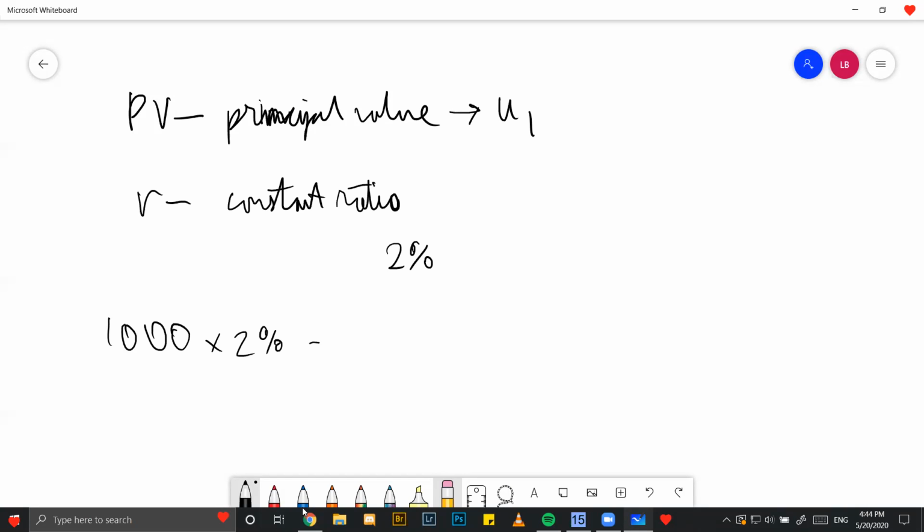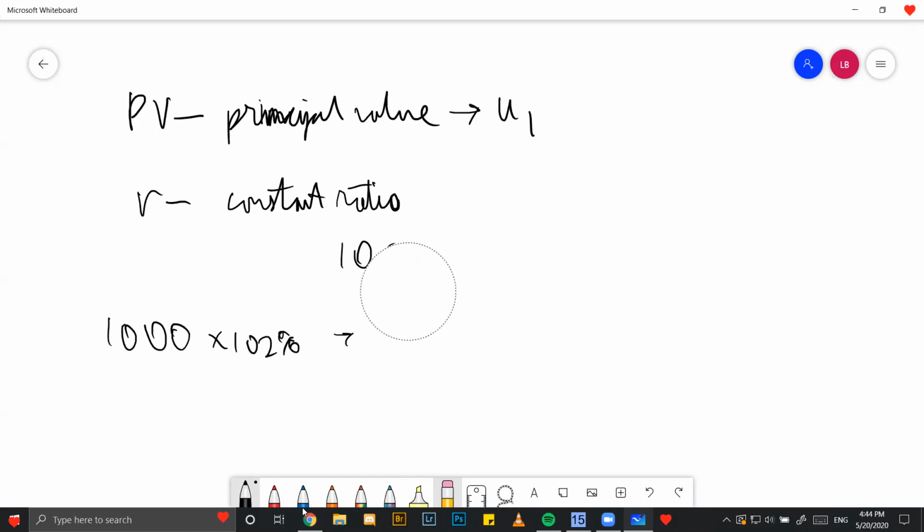That's not what I do because that's just going to give me 20. And that's not what I wanted anyways. What I really want to do is make it 102%. If I multiply 1,000 by 102%, that incorporates the original value of 1,000, plus the 2% interest on it, which will then give me 1,020, like I need.